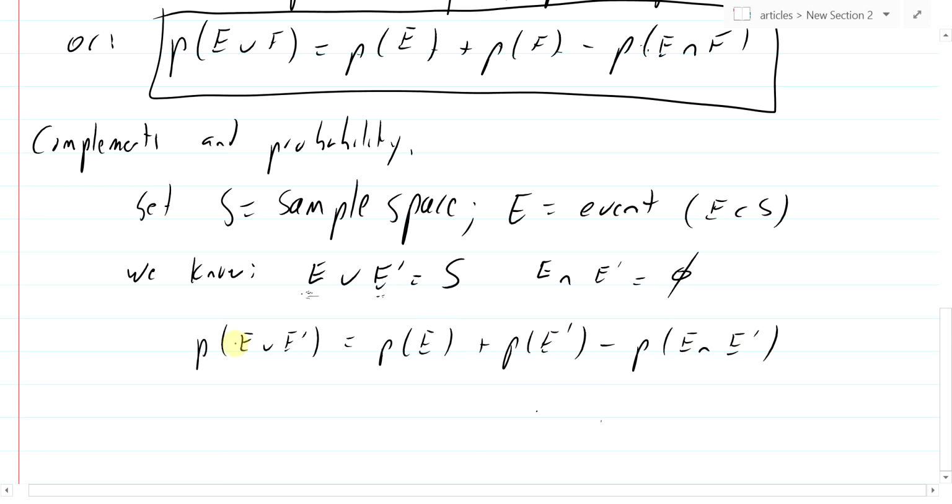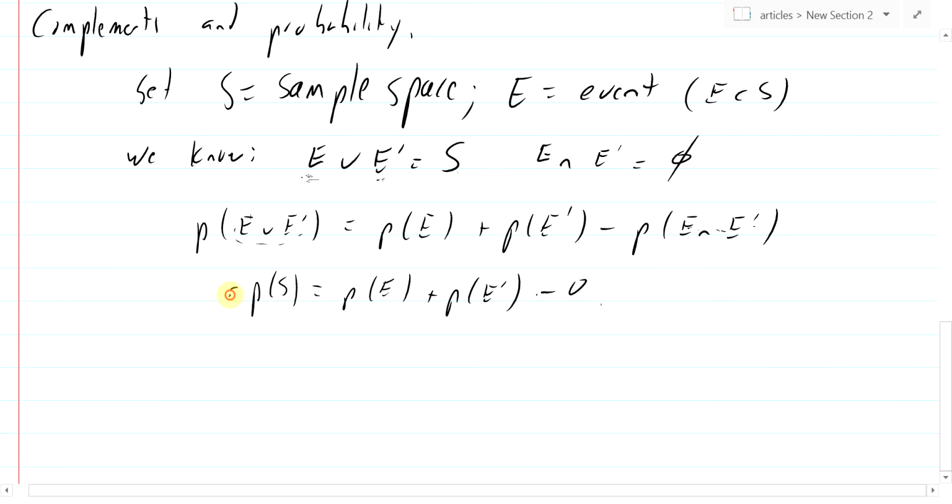But we know this, E union E prime, that's just S. So the probability of S is the probability of E plus the probability of E prime. And we know this is the empty set. There's nothing actually in E intersection E prime, so the probability of picking something that's both in E and E prime is 0. But what's the probability of S? What's the probability of picking something that happens? Well, S is everything that can possibly happen, so that probability is 1.